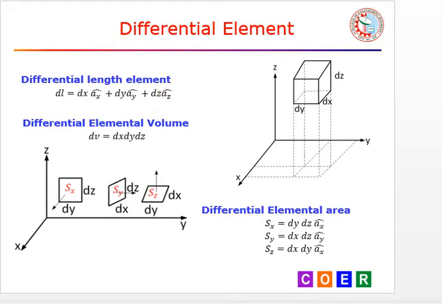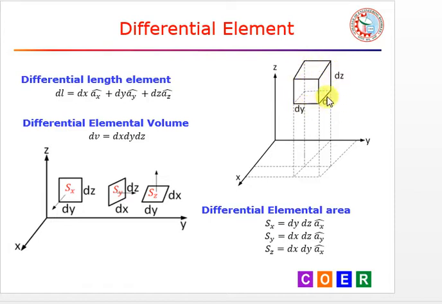Basically, point P is the intersection of three planes, while point P dash is the intersection of three new planes which are slightly displaced from the original three planes. These six planes together define a differential volume which is rectangular, as shown in this figure.